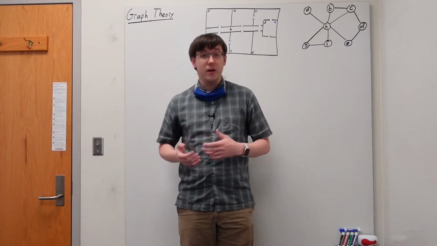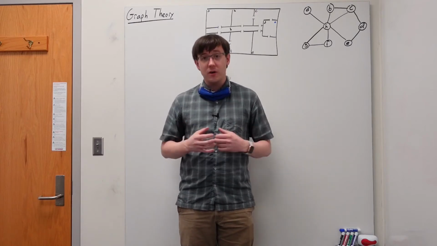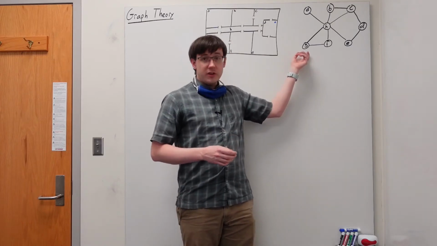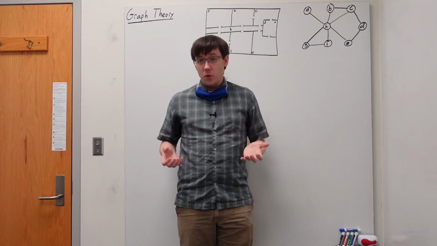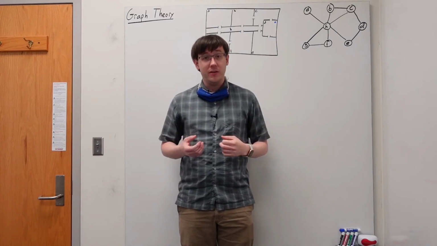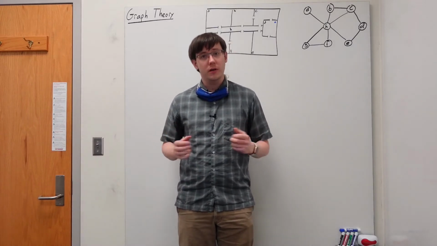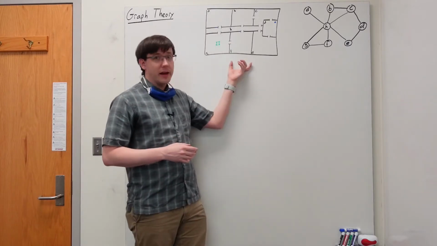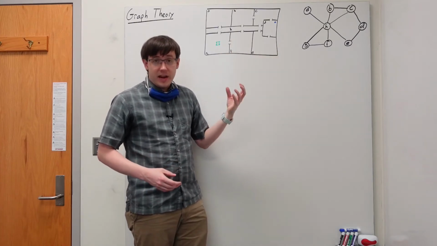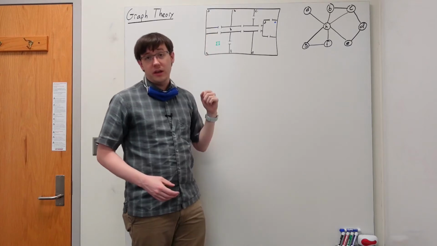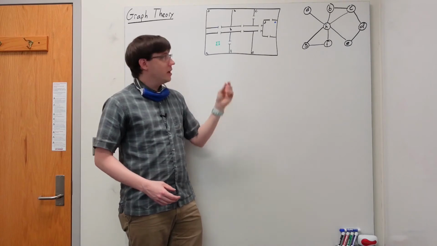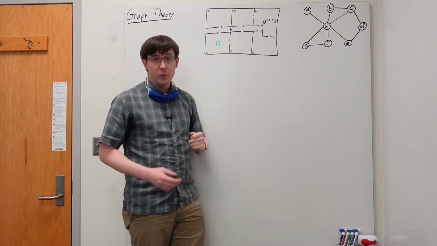As I mentioned before, in artificial intelligence contexts, graphs are often used to represent state spaces, where we have vertices representing states of the world, and edges representing transitions between states that a robot or other agent could cause. In the simplest case, this might look like a robot navigating in a building, where the state might involve what location is the robot currently in, and a transition between states would mean the robot moving from one room to another.